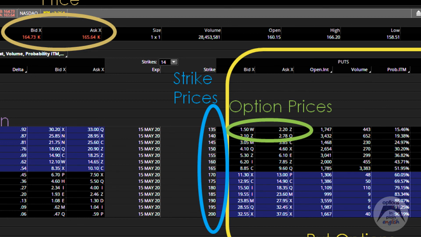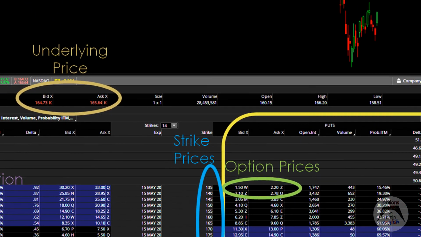So the 160 is going to be trading at $7.85. Let's say $8. So that $8 is per share. Because this option is 100 shares, you have to pay $800 to buy 1 contract of the 160 put for May of 2020. So 39 days to go.